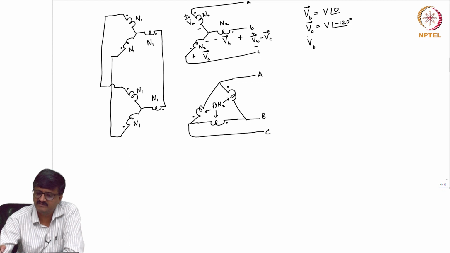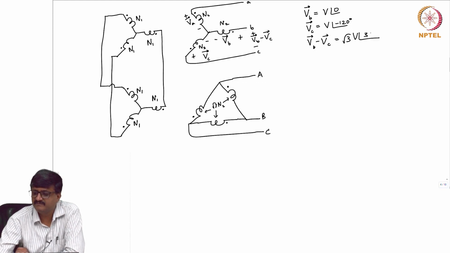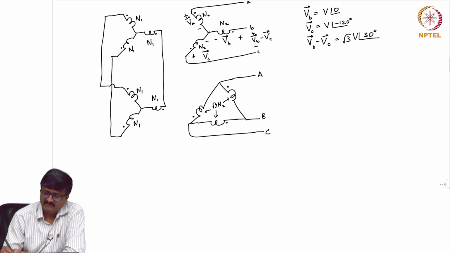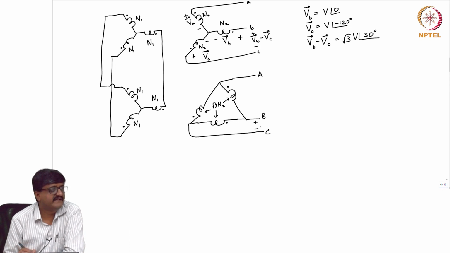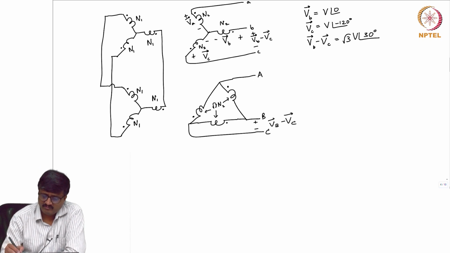So, what is VB minus VC? V at an angle 0 minus V at an angle minus 120 will give me a resultant magnitude of root 3 V at an angle 30 degrees. Now, if I take between B and C in the delta, here between B and C it is VB minus VC. VB and VC are the voltages of B and C with respect to neutral. Now, what is the voltage across this winding?